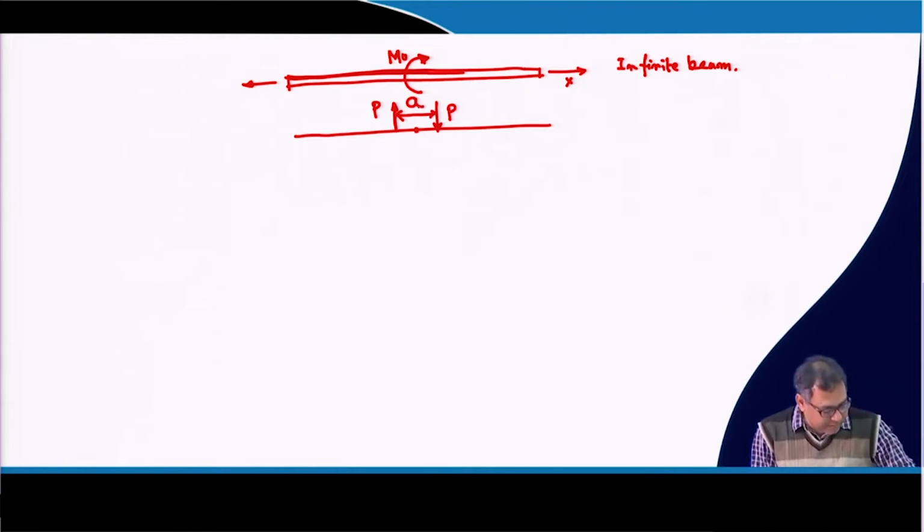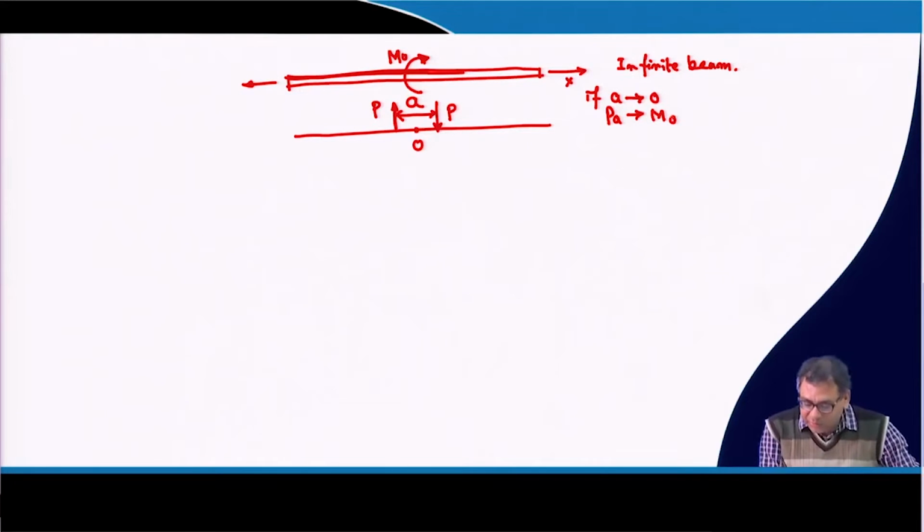Suppose this is your O point. I can write that if a tends to 0, then P a tends to M0. So I am representing this moment in this form.